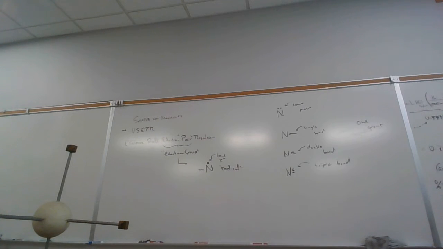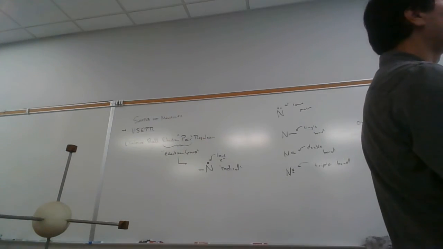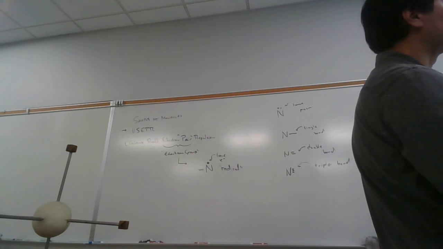These four legs are exactly the same, and this forms what we call a tetrahedron. Tetra is four sides. So if you connect these with a line, we'll make a four-sided polygon. That's the tetrahedron. And hence the name tetrahedral comes from the tetrahedron.